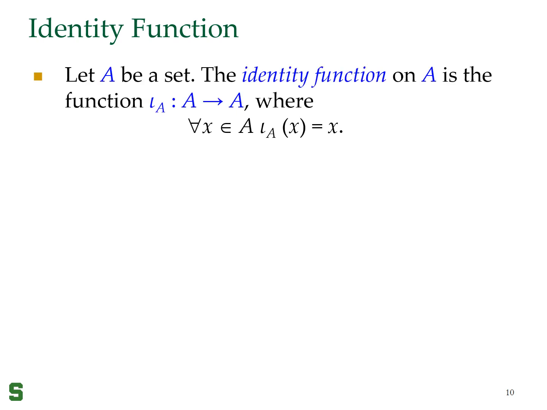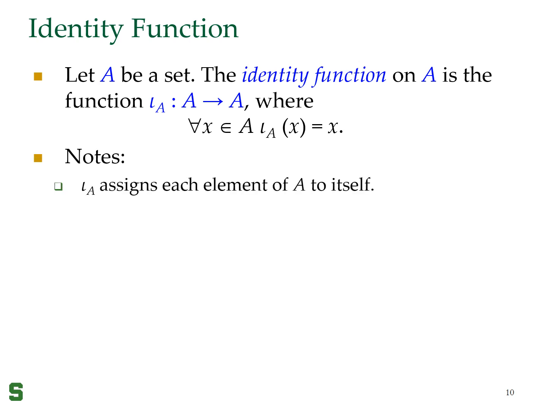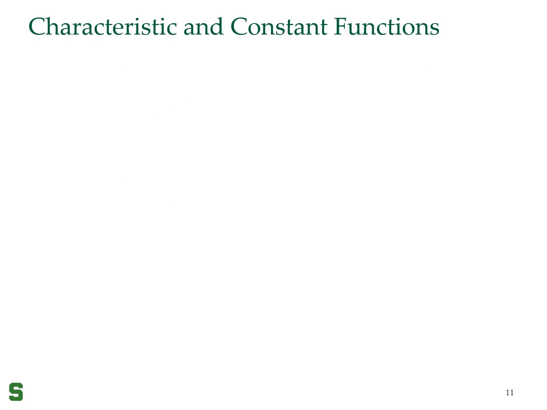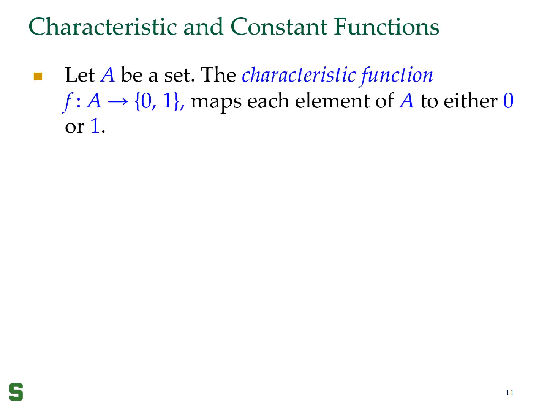Another special kind of bijection we have is an identity function. An identity function is a function that maps A to A, and it maps each element in A to itself. Another special kind of function that I'm going to define is a characteristic function.